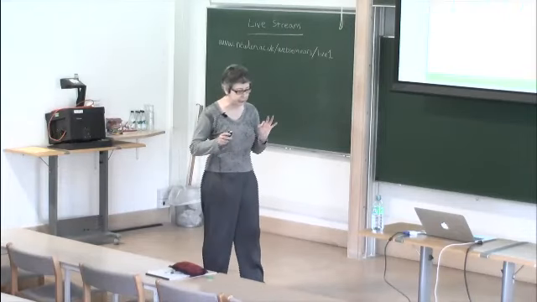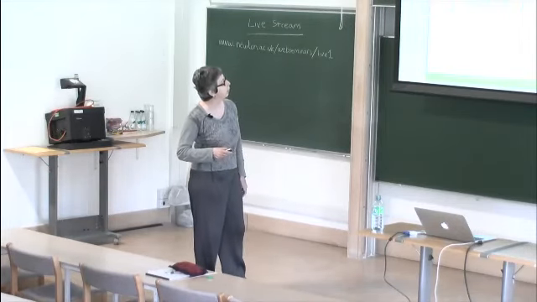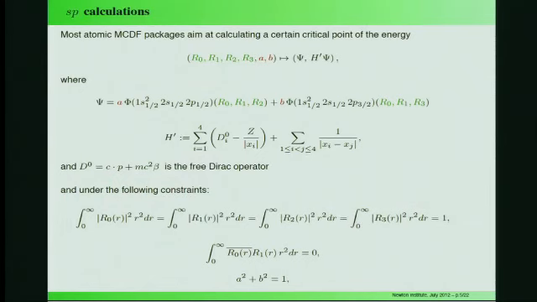So you are just taking the second layer, one S electron and one P electron. If you do that, you have to impose some constraints. You want to normalize the wave functions, so you normalize the functions R, and then you also have to ask that R0 and R1 are orthogonal, because you want to respect the Pauli principle, and R1 corresponds to the S electron which is in the second layer.